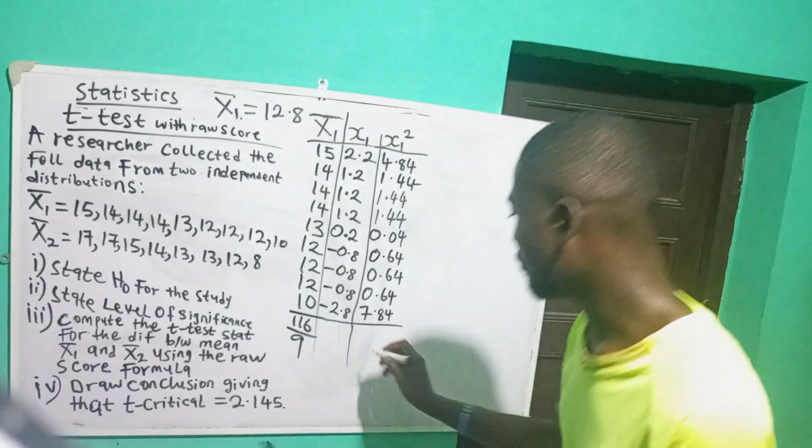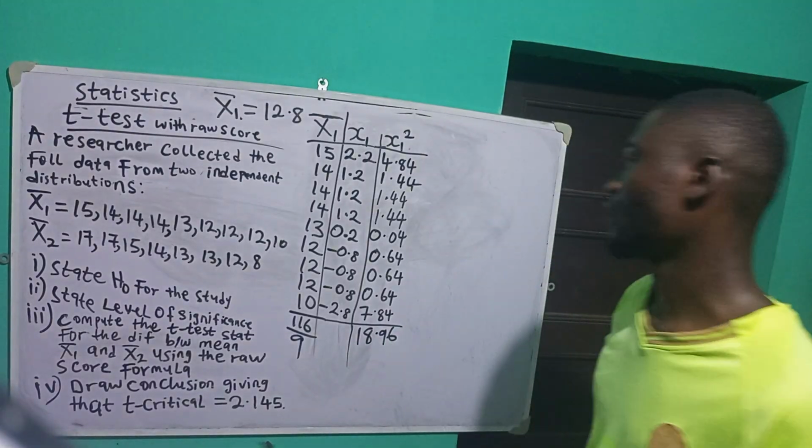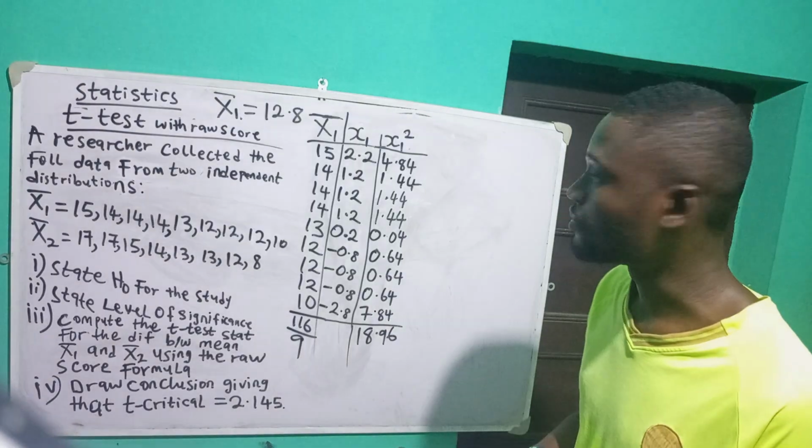When you add all these numbers, you get 18.96 as your total.